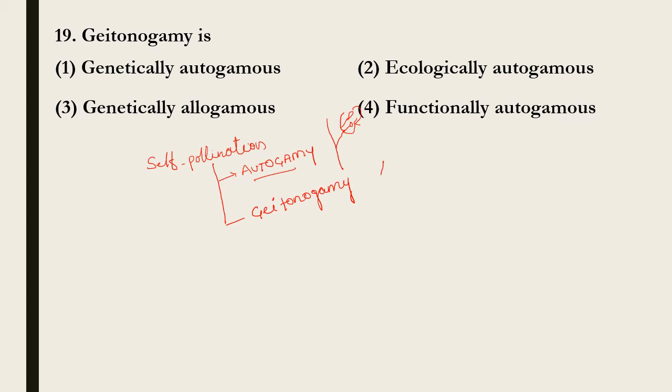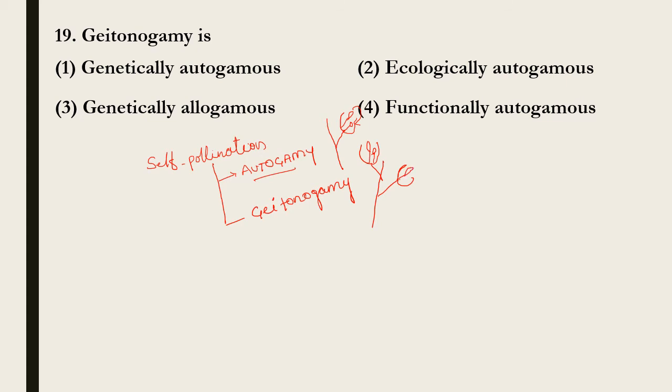And geitonogamy means the pollen grains from the anther of this flower are transferred to the stigma of another flower of the same plant. It applies to a bisexual flower or maybe a bisexual plant.